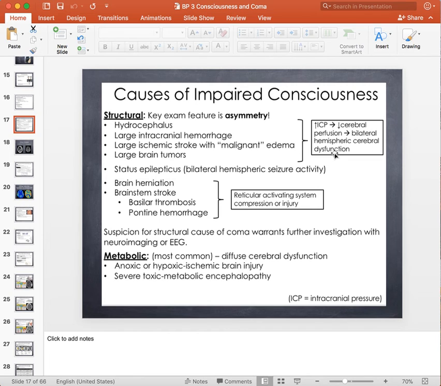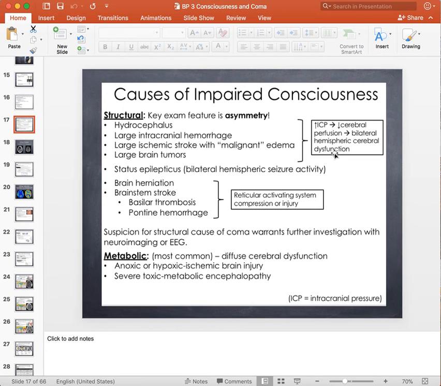A small hemorrhage or a small brain tumor or a small stroke rarely causes impaired consciousness. But a very large hemorrhage that has expanded rapidly, or a very large ischemic stroke that has caused a lot of edema, can be severe enough to decrease perfusion to the entire brain or the entire cerebral hemispheres because of that increase in intracranial pressure.